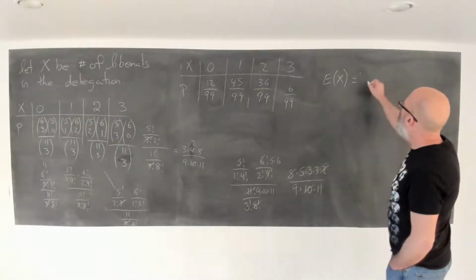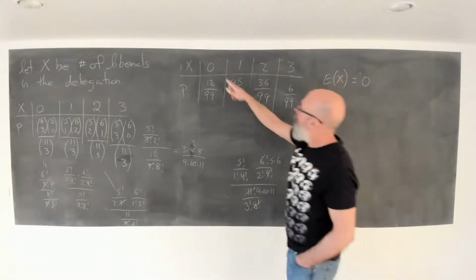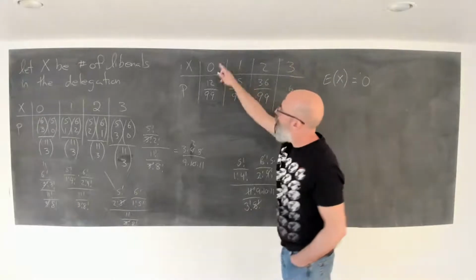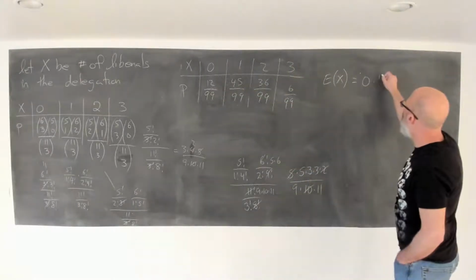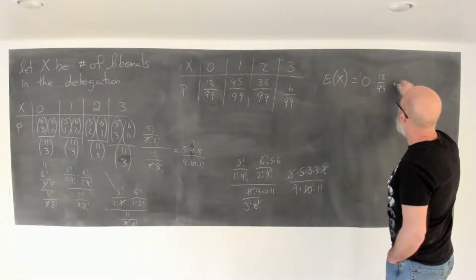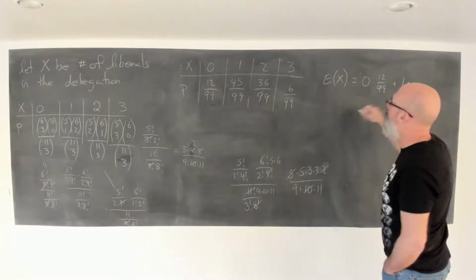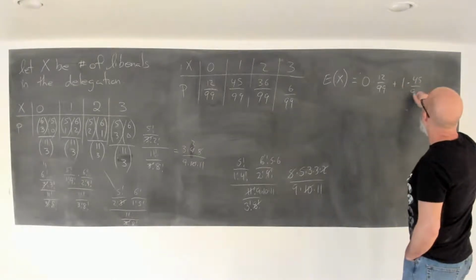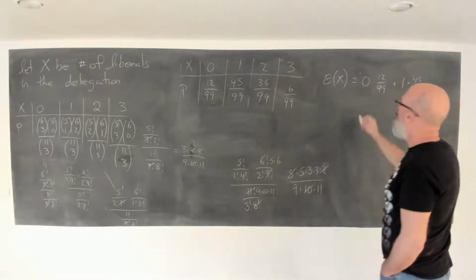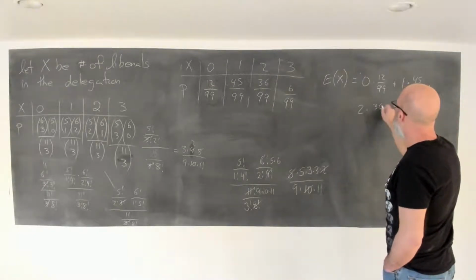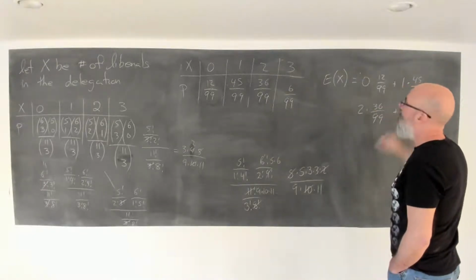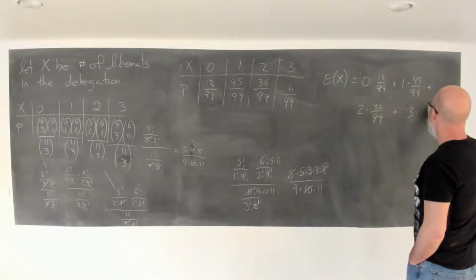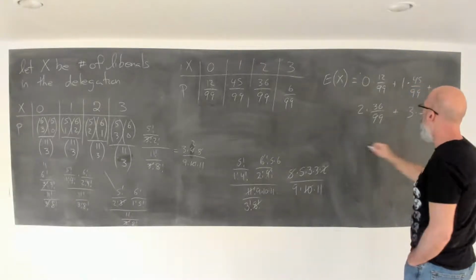So that is the sum of these products, right? 0 times 12 over 99 plus 1 times 45 over 99 plus 2 times 36 over 99 and finally 3 times 6 over 99.